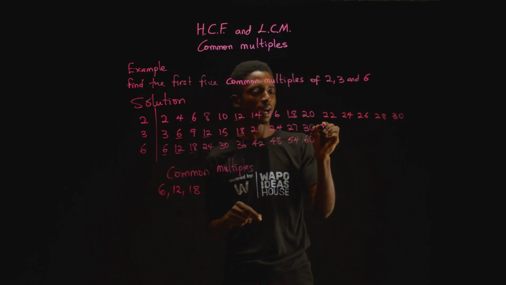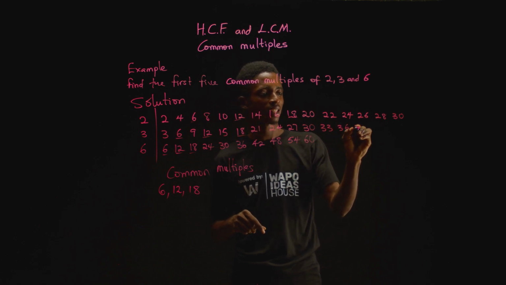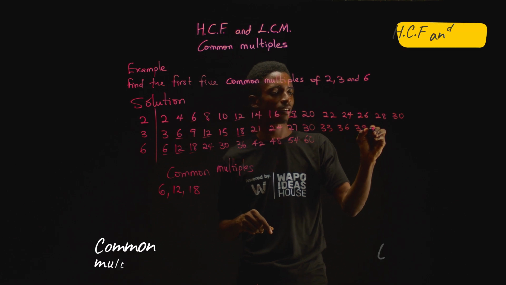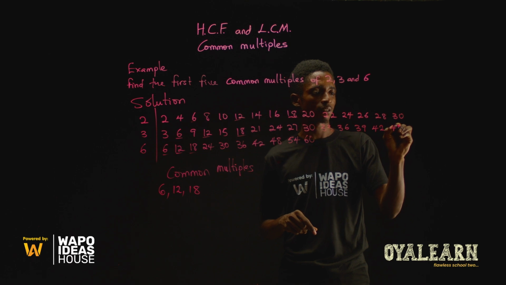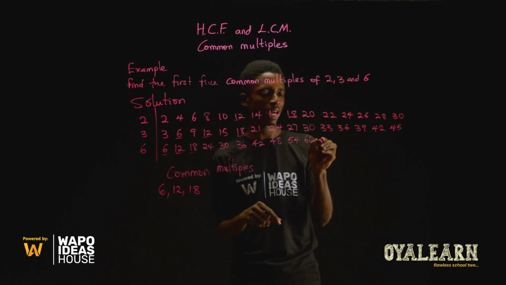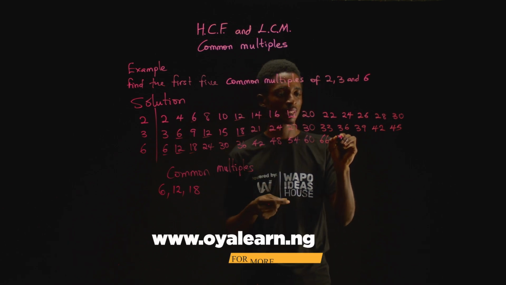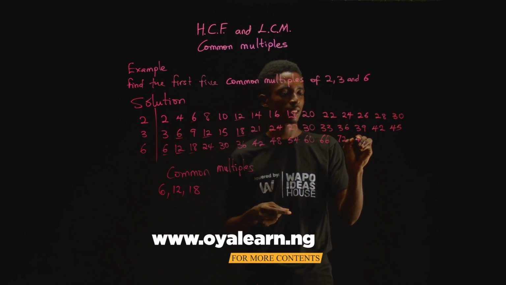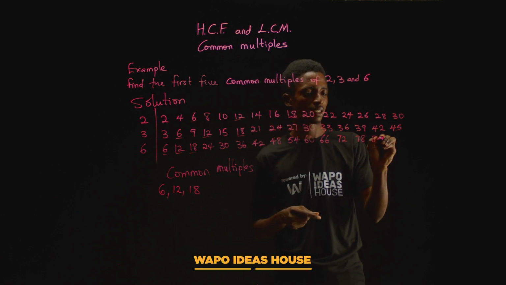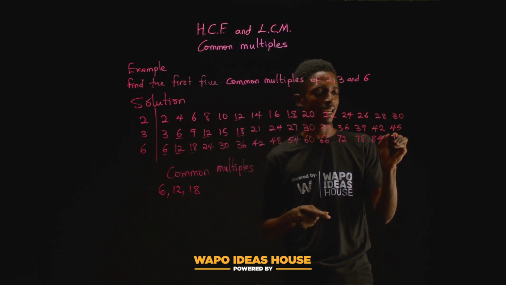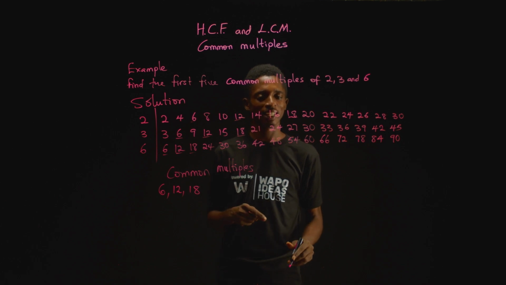And then to 3 we'll have 33, 36, 39, 42, and 45. And then to 6 we would have 66, 72, 78, 84, and then 90.